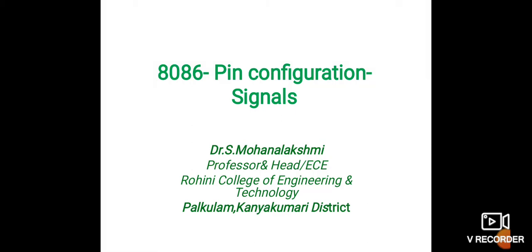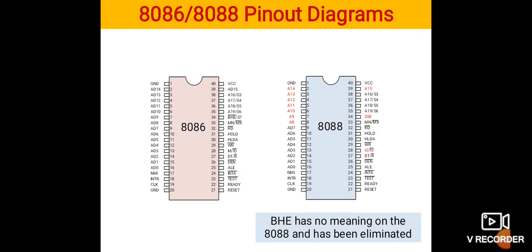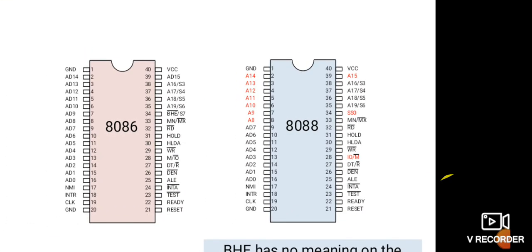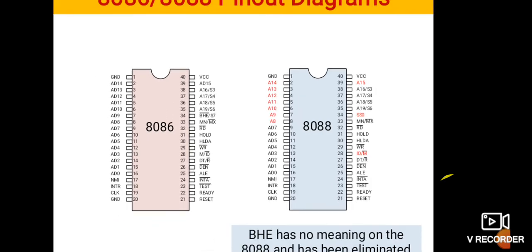In this video lecture, we are going to see the 8086 pin configuration, which is nothing but the 8086 signals. This is the pinout diagram for 8086 and 8088, and you could see it is almost equivalent and compatible.